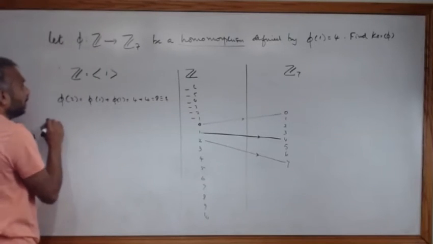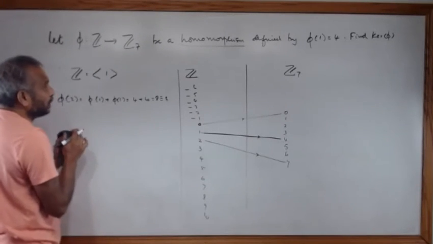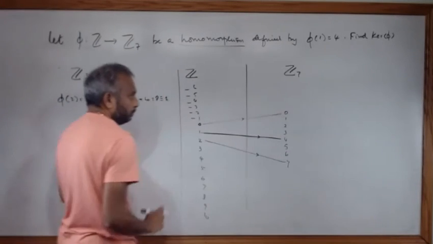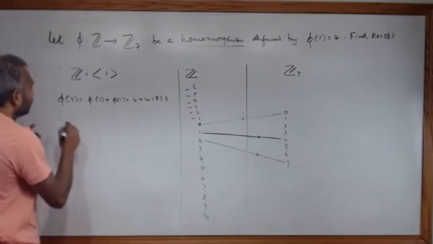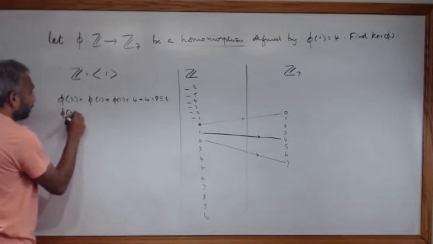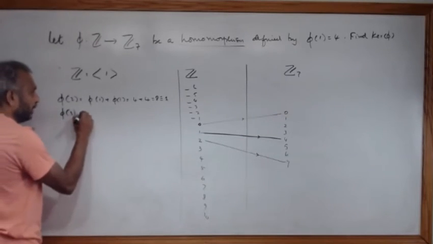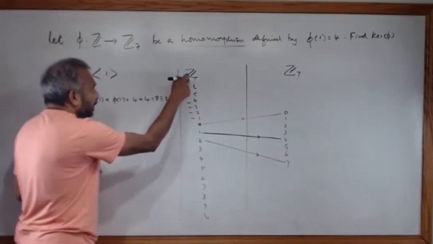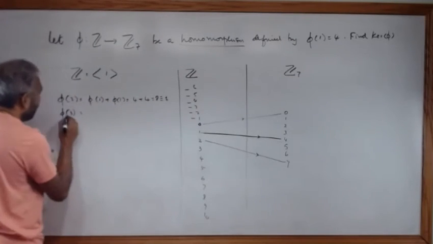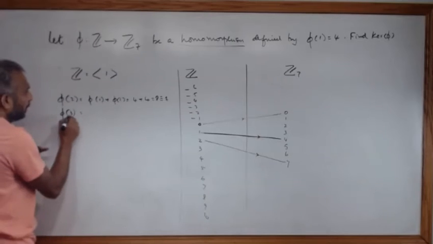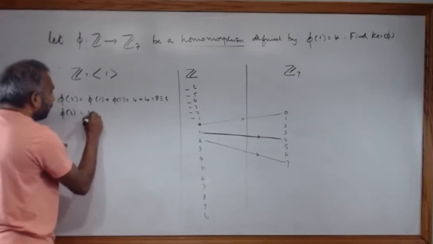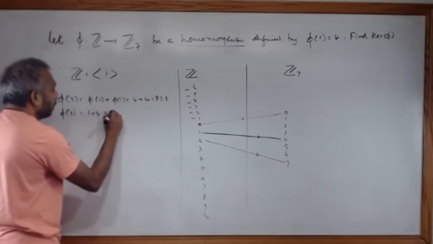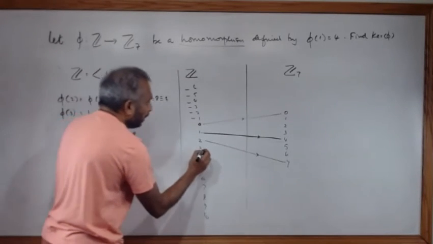What about 3? What we need to do is find out all the elements from Z that are mapped to 0. So phi of 3, I am going to write only up to this, then we'll find out straight away the elements of Z that are mapped to 0. This one is going to be 1 plus 4, which is 5, then another 4, so this will be 5. So 3 is going to 5.